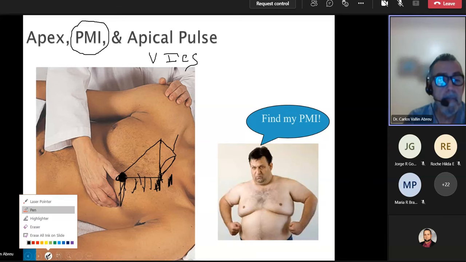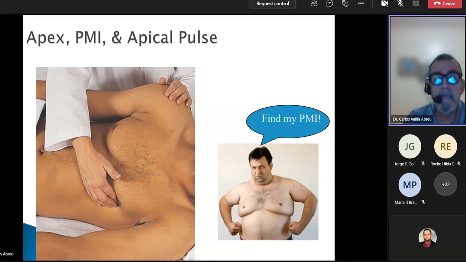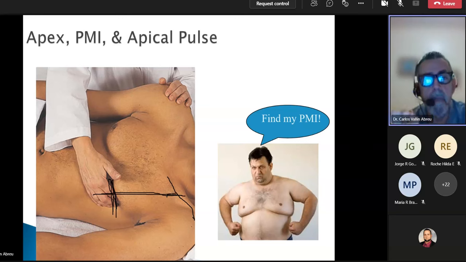It comes from here to here, and then you calculate the middle and draw a vertical line downward. The intersection of the fifth intercostal space with this midclavicular line is where the apex of the heart should be in a normal sized heart of an adult.